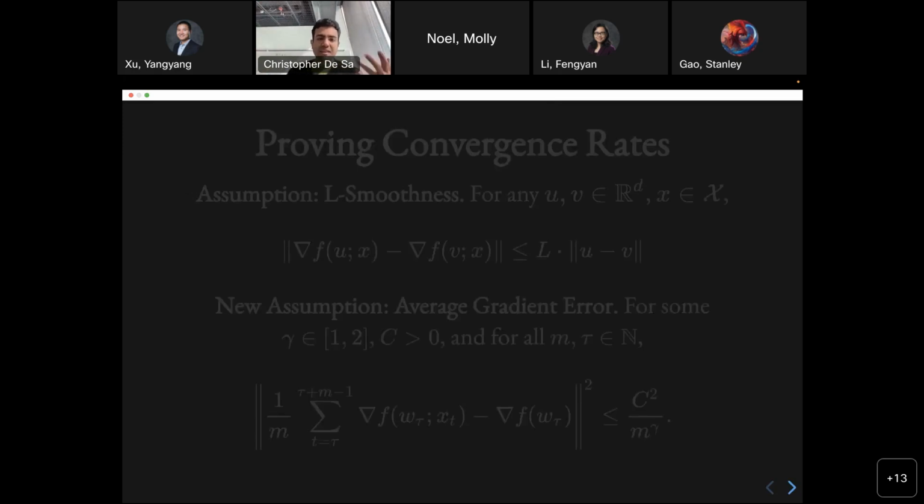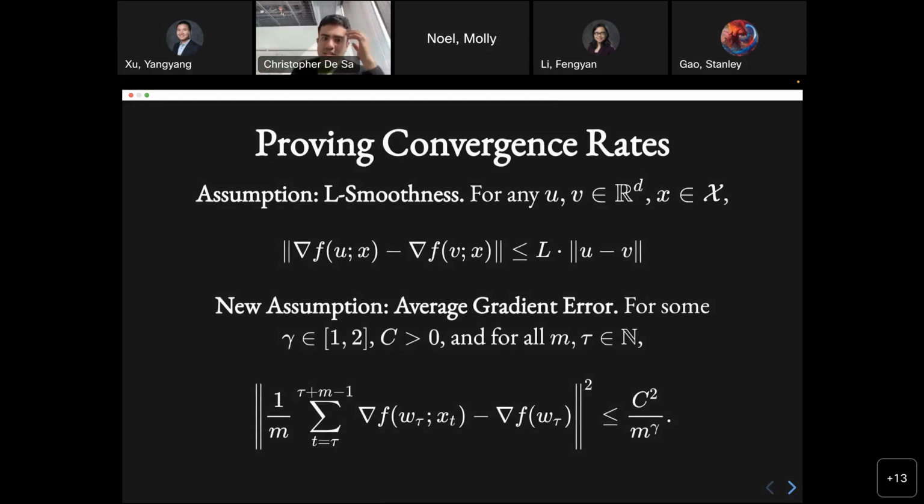And we can actually make this insight rigorous. We need to make a couple of assumptions. The first assumption is L-smoothness, which is standard: the gradient is L-Lipschitz continuous. Then I'm going to add a new assumption, which is a bound on the average gradient error.